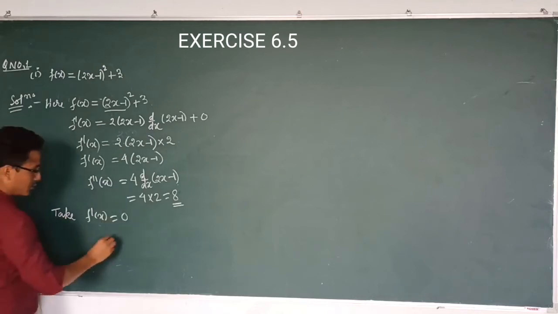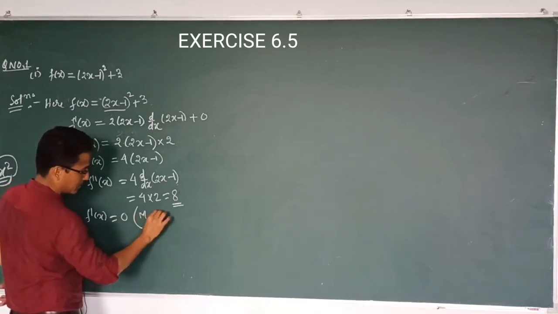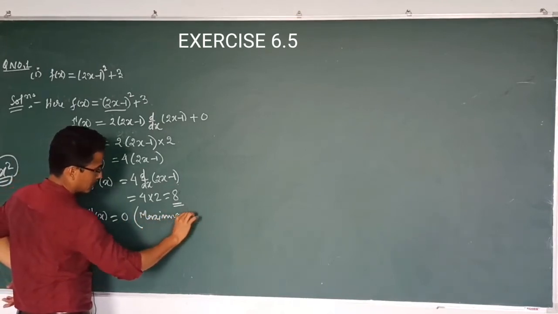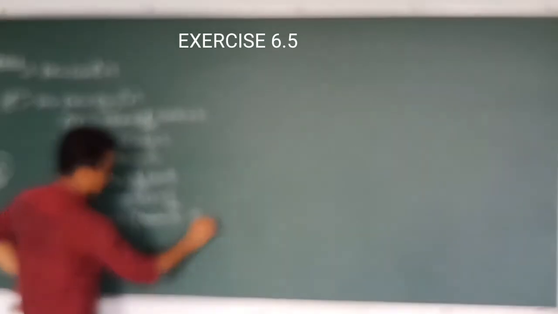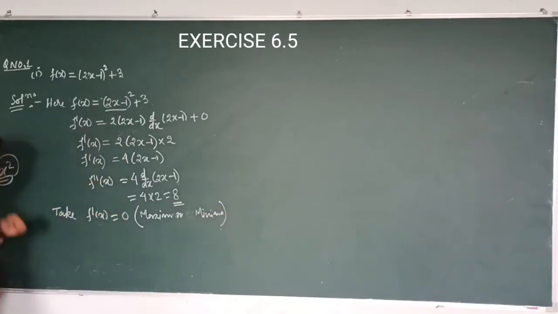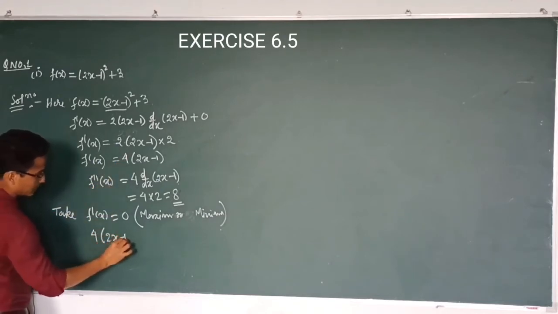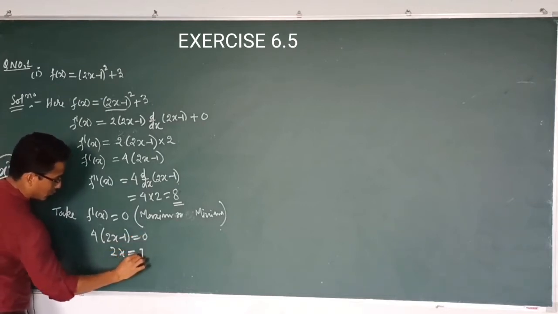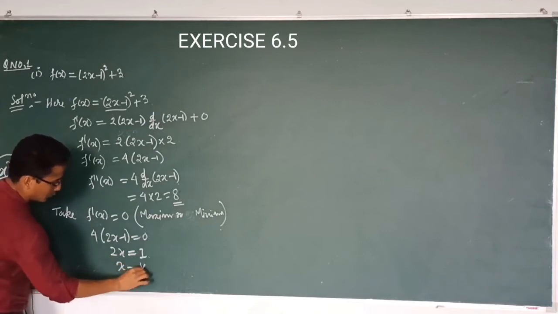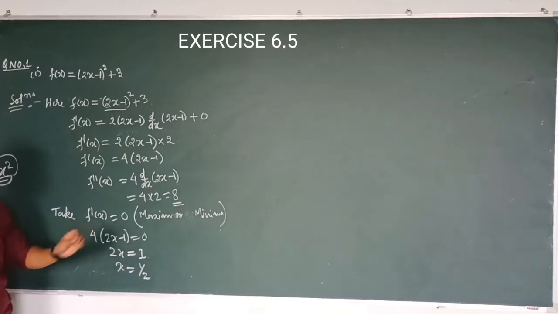Now put the value here: f dash x is 4 times (2x minus 1) equal to 0. That means 2x equals 1 and x equals 1 by 2. So x equal to 1 by 2 is our critical point.